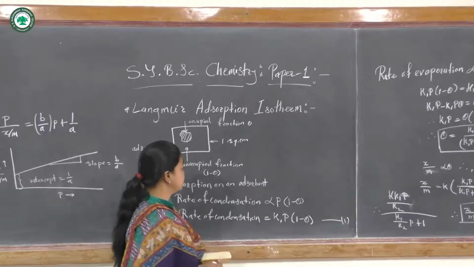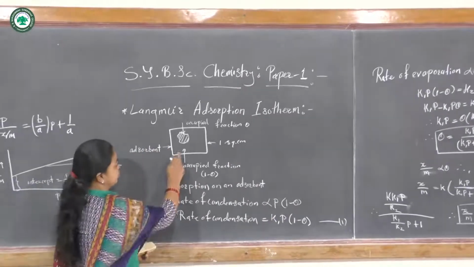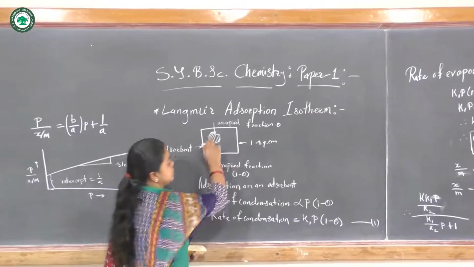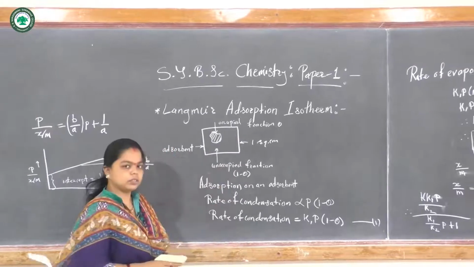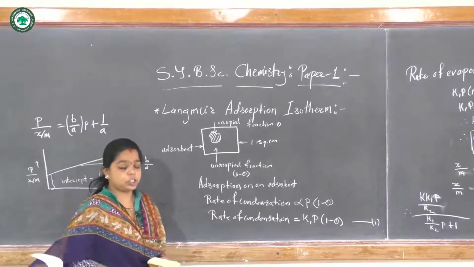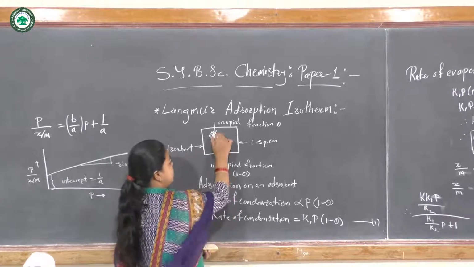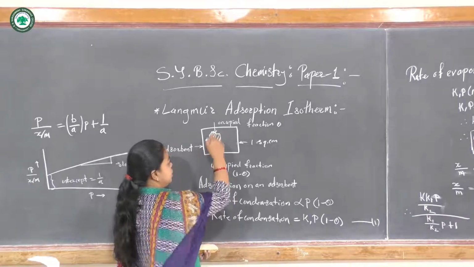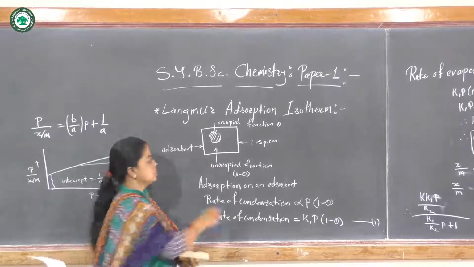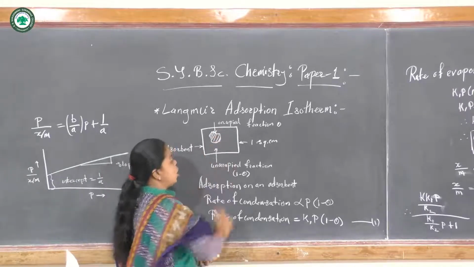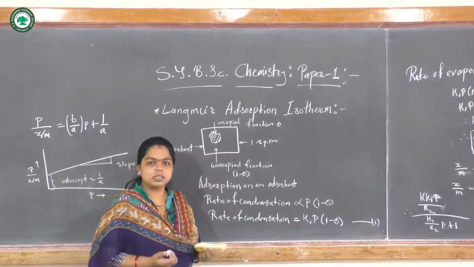It is shown here. We can see this square. In this square, the occupied fraction, which we assume to be theta, is shown here by the lines. This part is the occupied fraction, called theta.